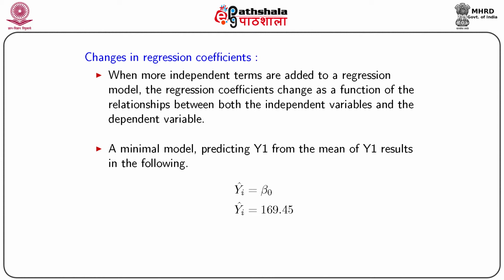A minimal model can be written as yi hat equals beta naught, which is predicting y1 from the mean of y1, and results in the following: yi hat equals beta naught, which equals 169.45, where 169.45 is the regression estimate for this model.